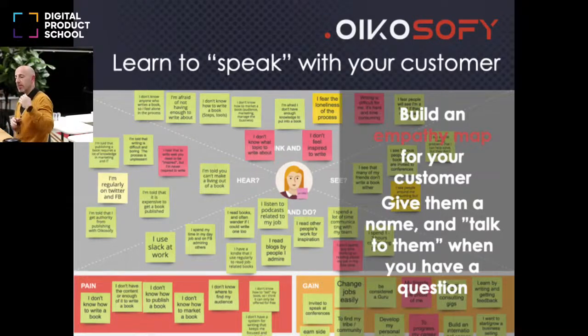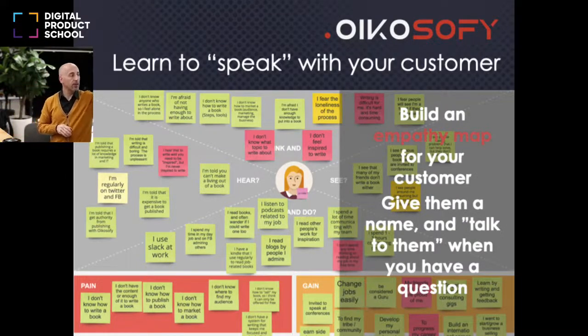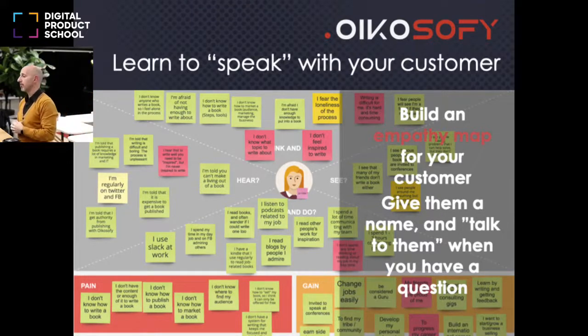And this empathy map literally helps you speak with the customer, because if you have the empathy map on the wall and you have a question, you think, okay, so by the way, the empathy map means that the customer has a face and a name, right? In this empathy map, the face is of a woman and it's Jennifer. That's an actual empathy map for a product that we've developed. So we talk to Jennifer. Right?